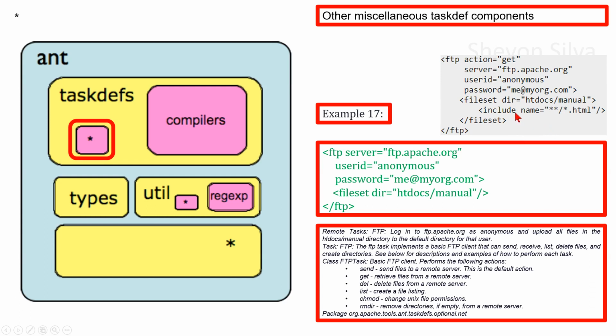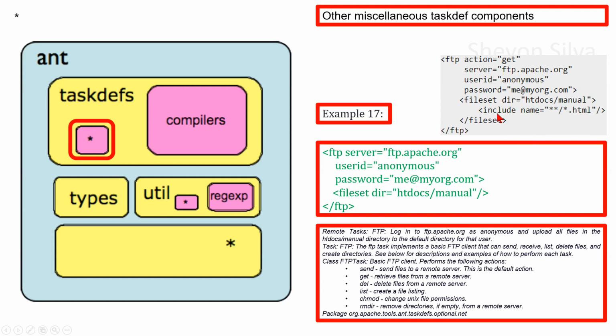The dir attribute is the local directory to put the files into. The file structure from the FTP site is preserved on the local machine.